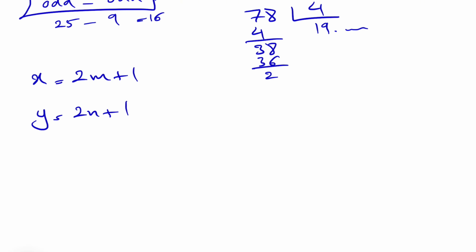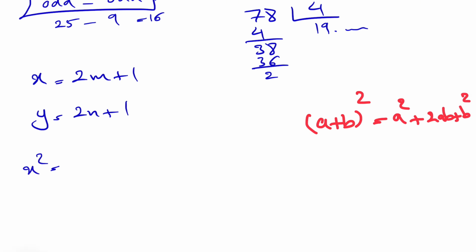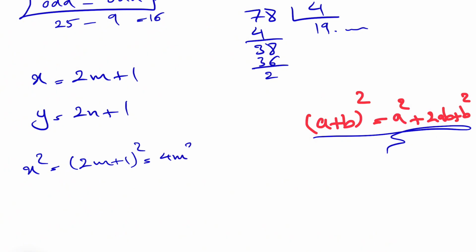And what we're interested in here is x squared and y squared. Let's remind ourselves that (a plus b) squared is a squared plus 2ab plus b squared. So x squared is (2m plus 1) squared, which will be 4m squared plus 4m plus 1.